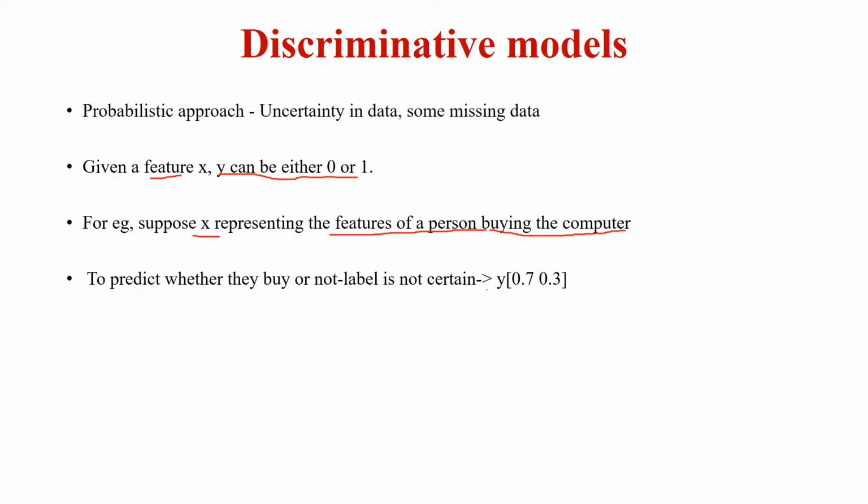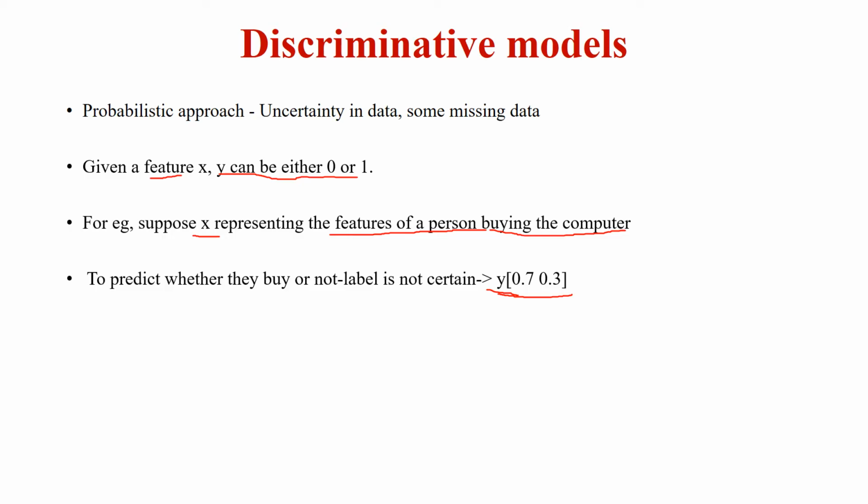The value Y can be either yes or no. As per this representation, the person buying the computer is not certain. So we need to predict whether they buy it or not. It is because the label is not certain here.